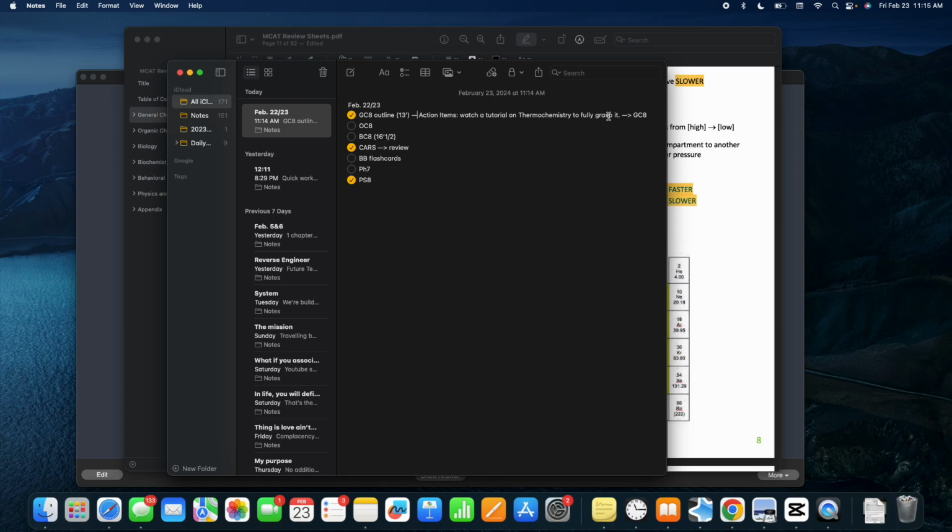Tutorial on thermochemistry to fully grasp it. For this GC8, that was GC7.